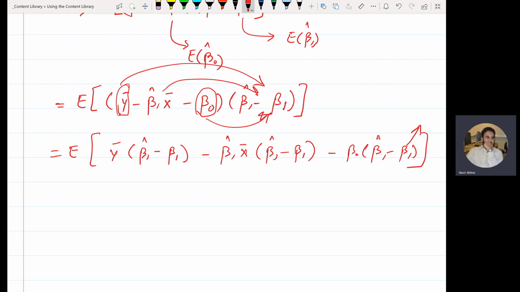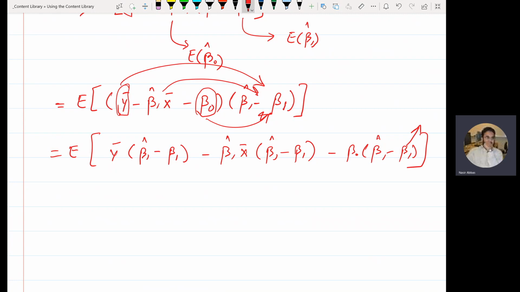For beta 1 hat, the mean is beta 1. So beta 1 minus beta 1 becomes 0. The expectation doesn't become 0 right away, but after 2 or 3 steps, it becomes 0.